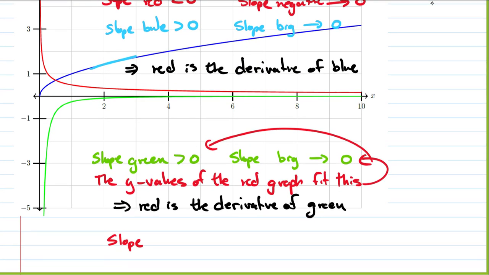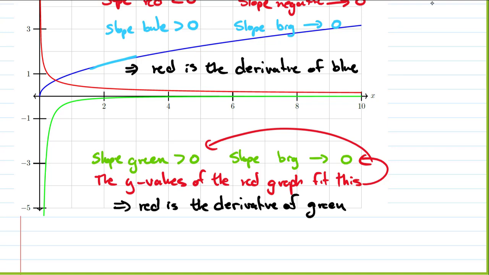We already did the red slope. So we've done green, red. I think we've done all of them. So now let's see if we can figure out what our chain is. So red is the derivative of blue. And if red has negative slope and its slope goes to 0, do we have a graph that fits that?